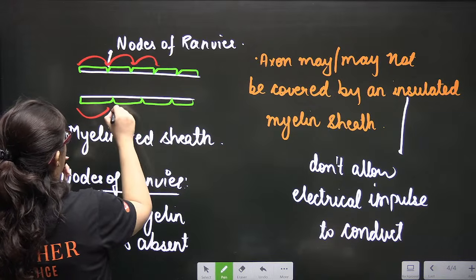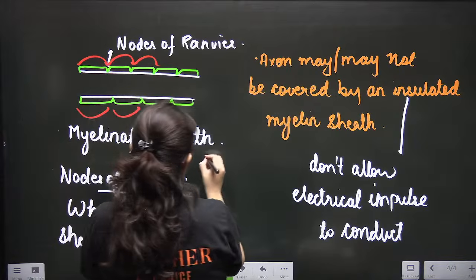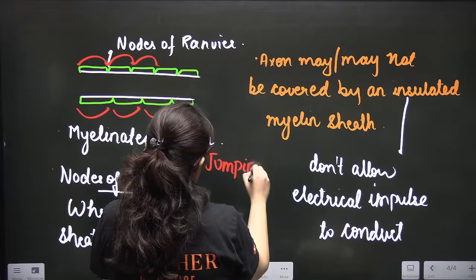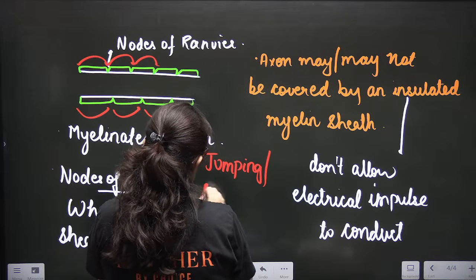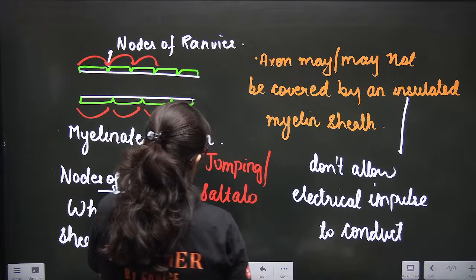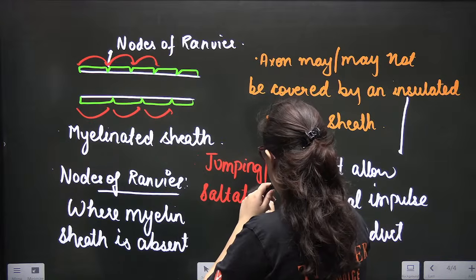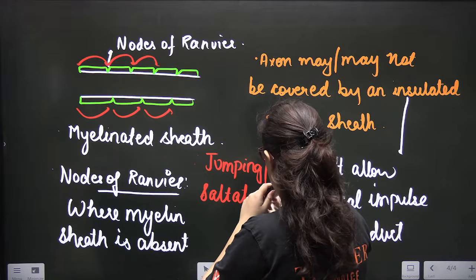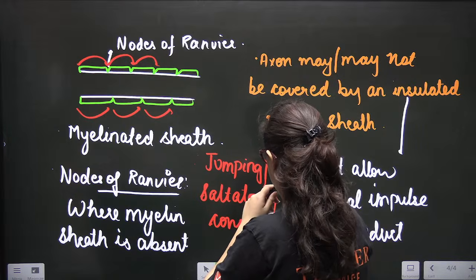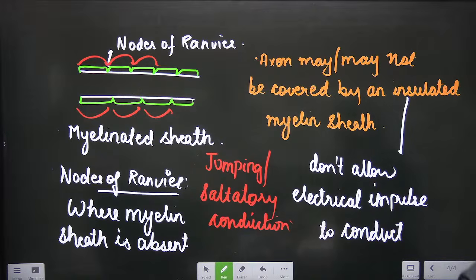So here the conduction is jumping, saltatory conduction. Okay. Jumping conduction. Done. Please write it down.